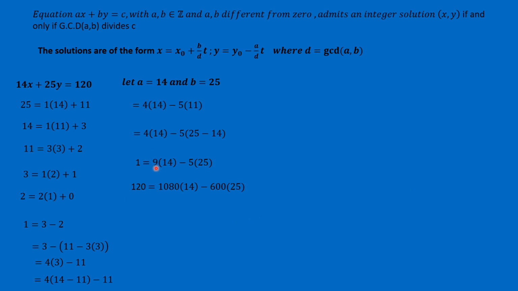Sorry, when you multiply 120 by 9, you get 1080 times what? 14 minus what? 5 times 120 gives us 600 and then bracket 25.